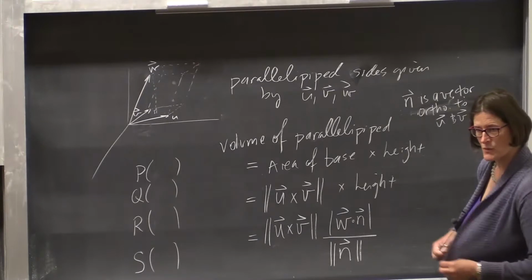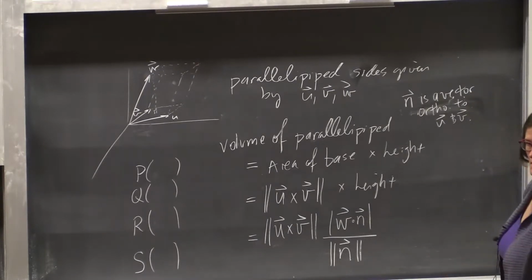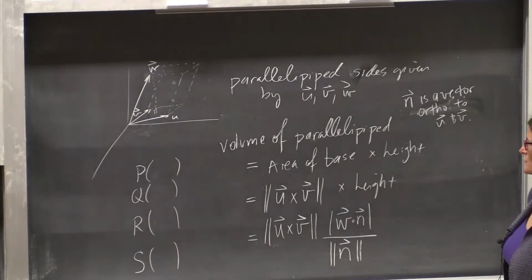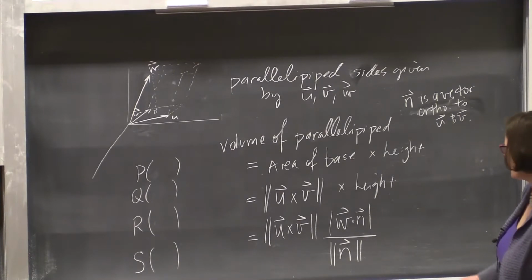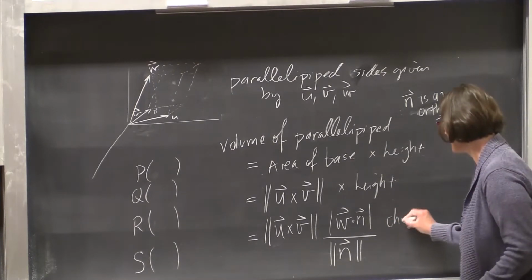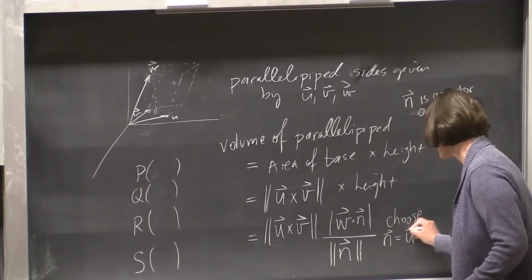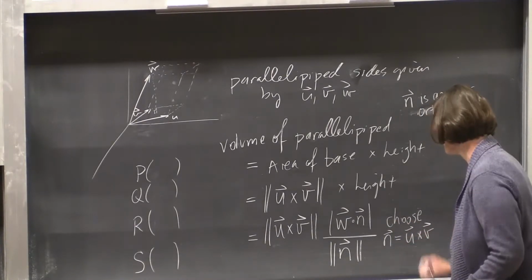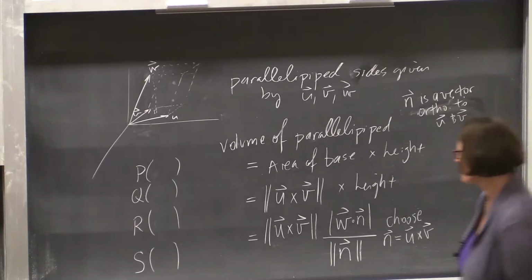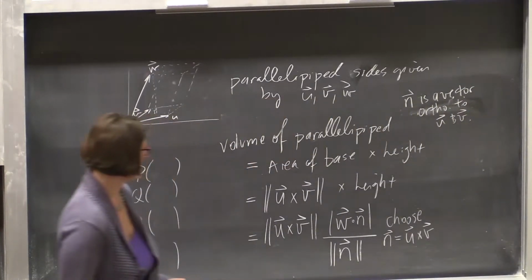But what you're suggesting is, why don't I be smart about it? If I were asked for a vector which was orthogonal to both u and v, I would compute the cross product. So why don't I be smart and take n to be u cross v? That's a specific one.